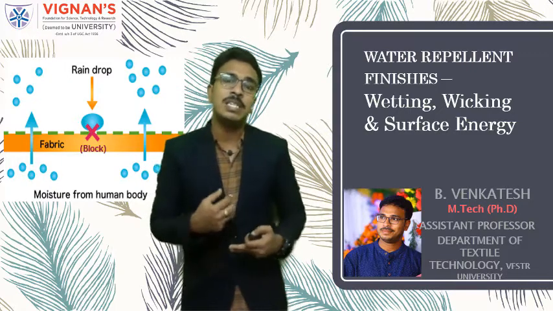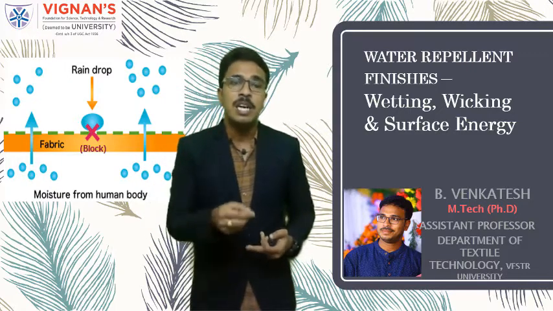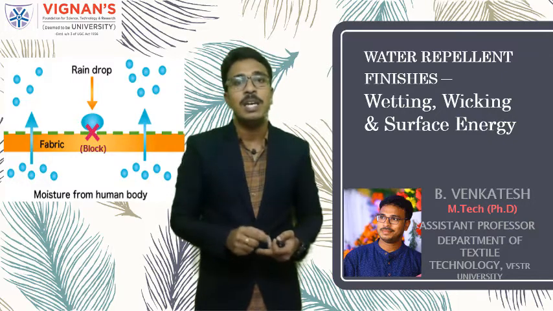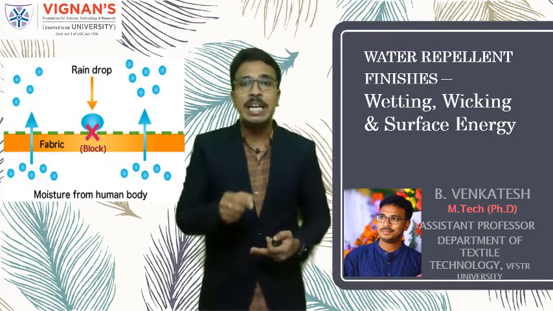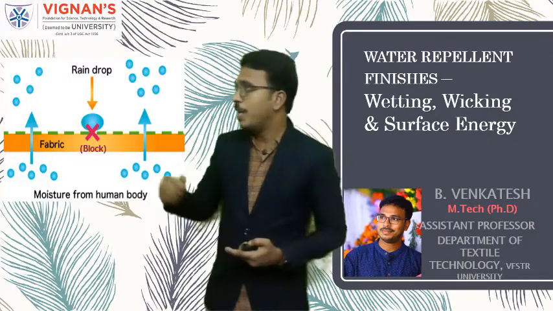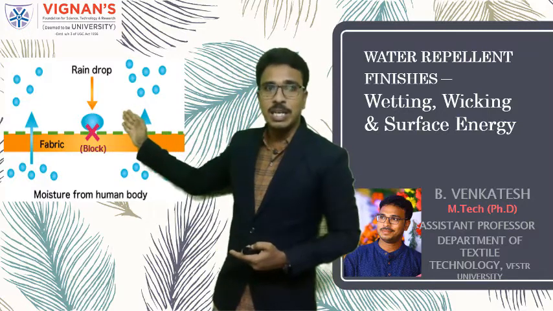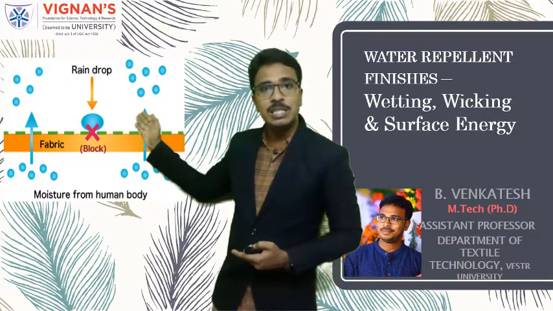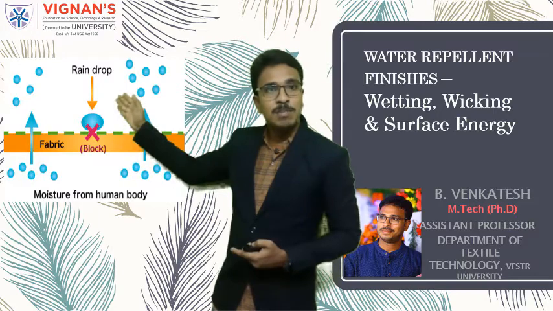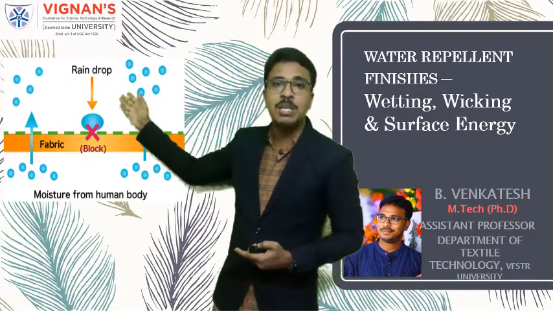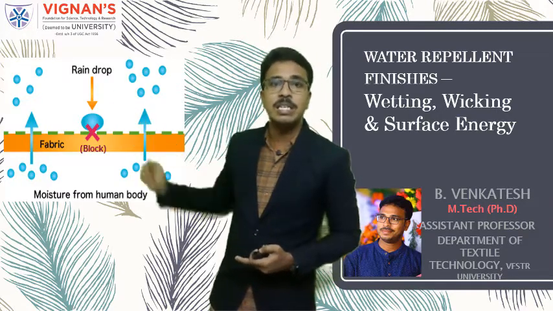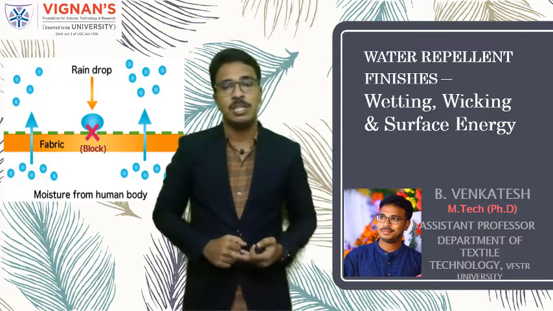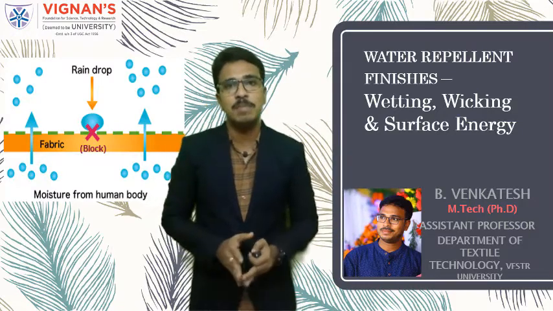After getting the finish, if you put a drop of water, the drop will not enter the fabric structure. You can see in the image clearly, the yellow color is the fabric and the blue color is the water droplet, which does not enter inside the fabric structure. This is called water repellency.